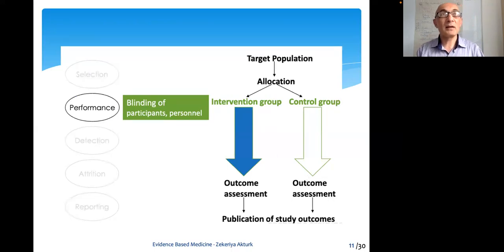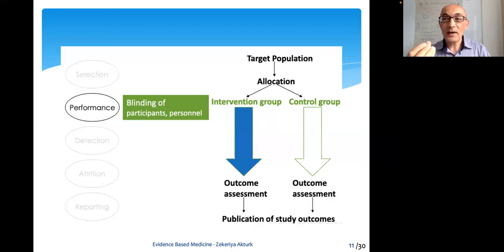Let me give you the example of acupuncture. If you do acupuncture, you puncture the skin with some needles. And if you have some people in the intervention group and in the control group, there's nothing, they receive no puncture in the skin, the placebo effect, of course, of the intervention group will be much higher.